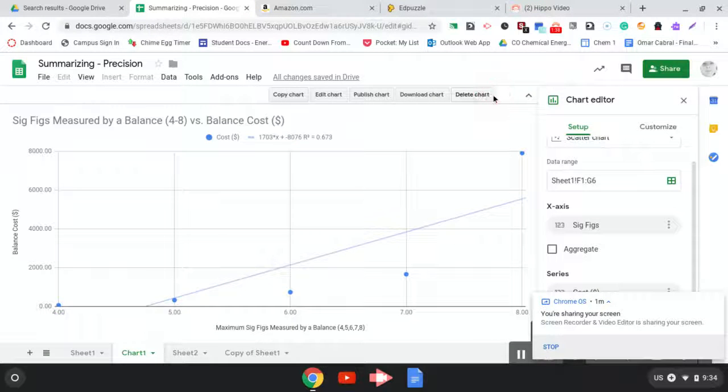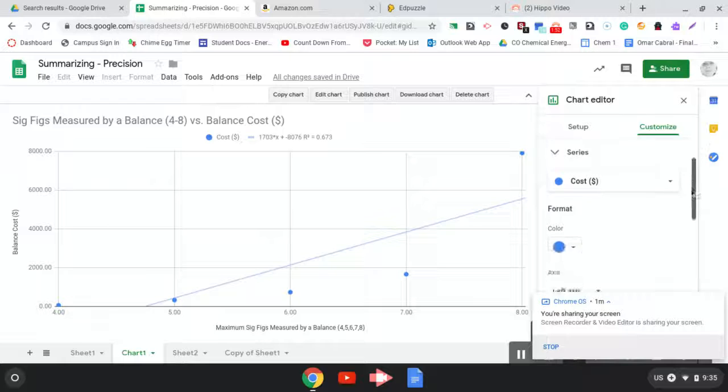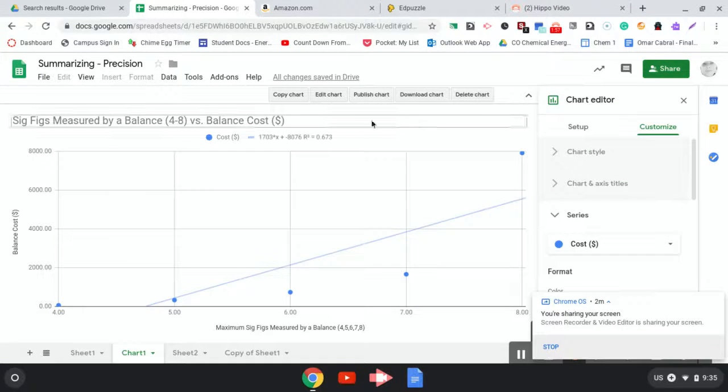It turns out that I see this Nike swoosh, and it doesn't really look linear, it looks like it's curving, so I can change my type of trend line. We talked about how to edit your chart. I went to the chart editor and I went to customize.